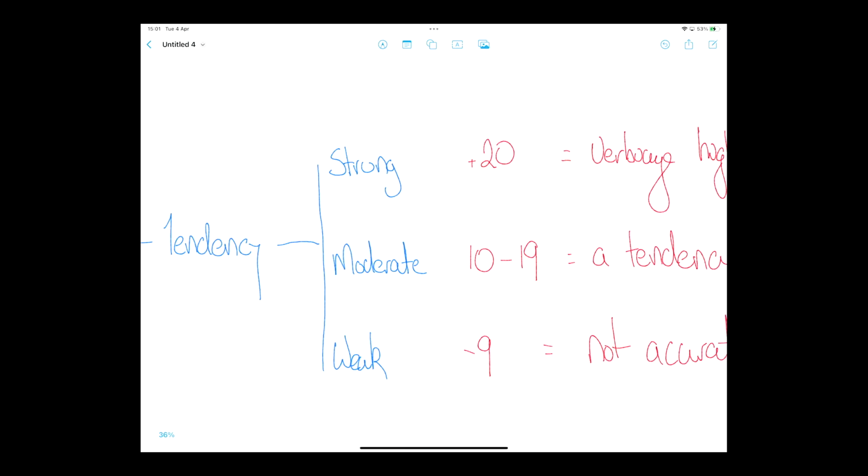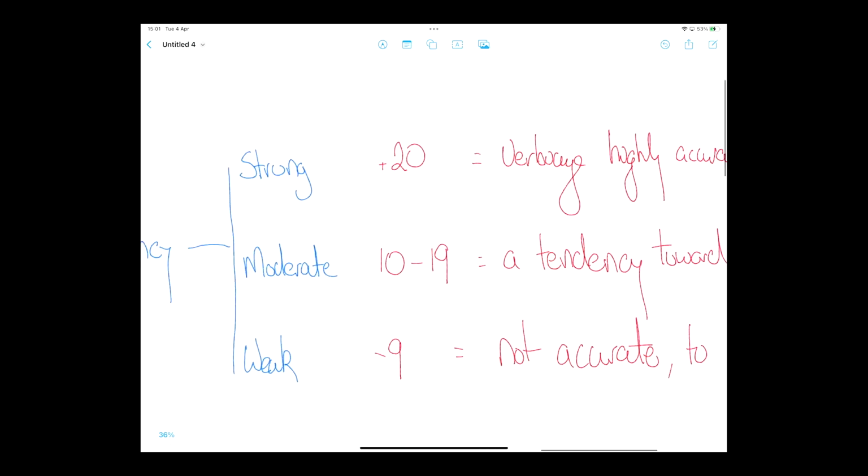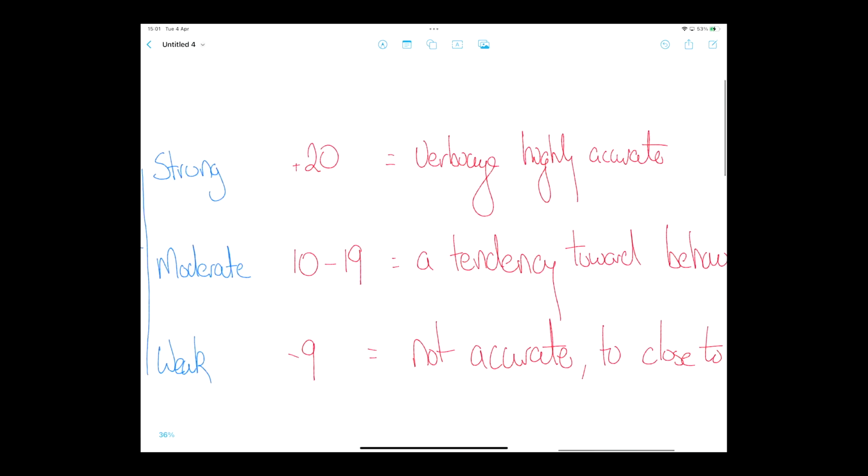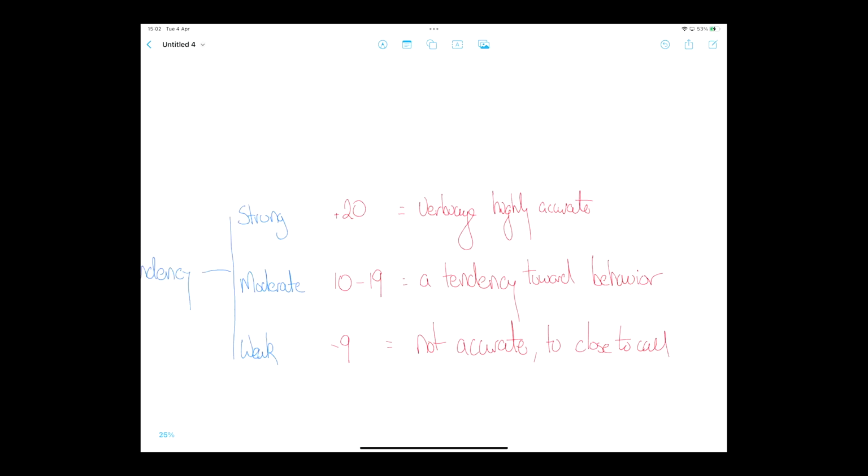When the score is plus 20, the descriptive word of that DISC style is going to be highly accurate. If it's a moderate score between 10 and 19, there's going to be a tendency towards those behaviors. And if the score is under 9, these words are not accurate and won't be close at all to describing this person's behavior.